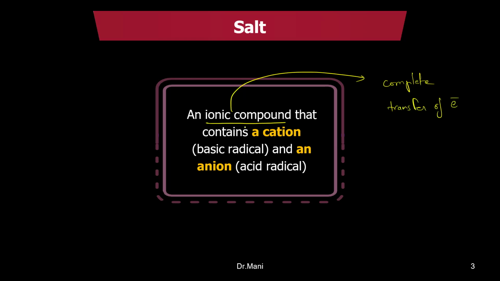The cation will donate the electrons and the anion will receive the electrons. The cation we call the basic radical, and the anion is called the acid radical. We'll see what basic radical and acid radical are. For now, just know that salt is an ionic compound containing both cation and anion.